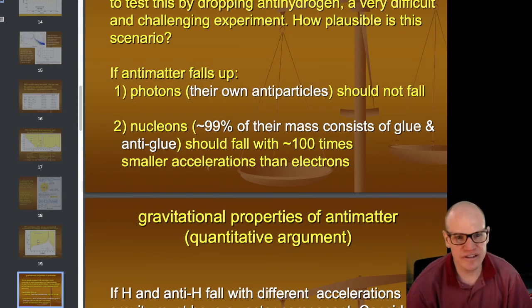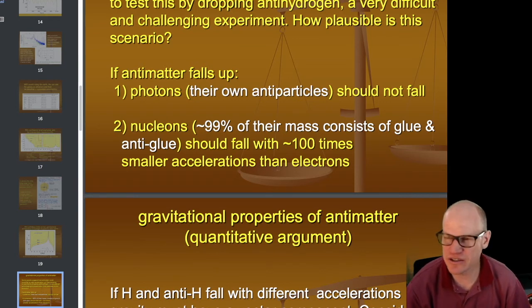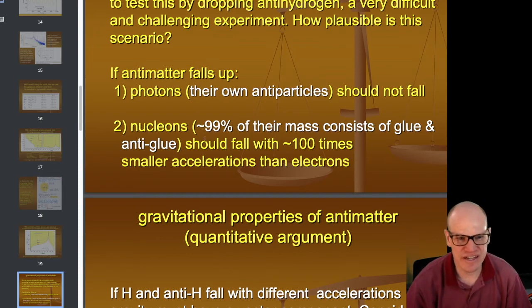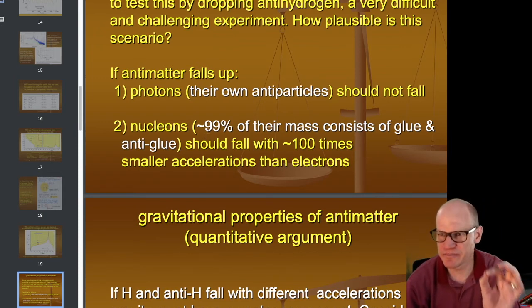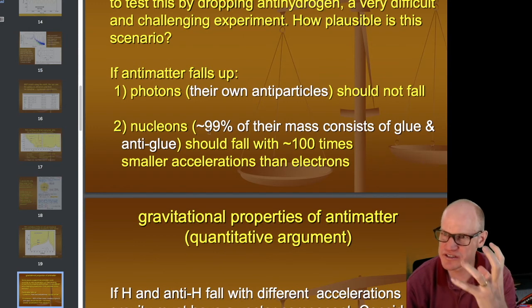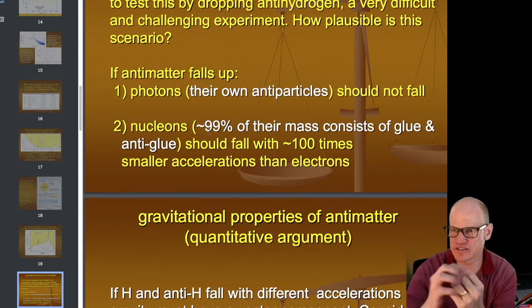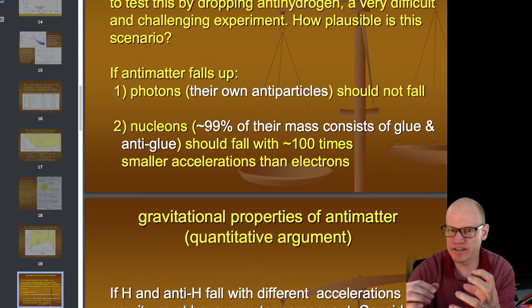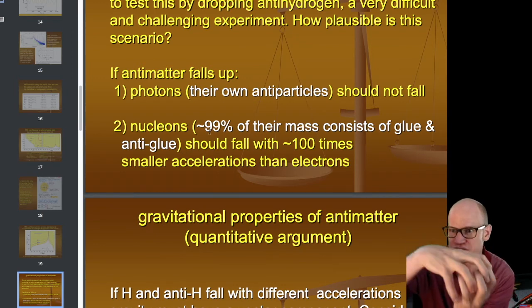And so the nucleon should fall with 100 times smaller acceleration than electrons if that antimatter goes upwards, right? So it's 99%. A tiny fraction of the mass is in the mass of the quarks. The rest of it is in the mass of the gluon field. The gluon field is gluon and anti-gluon combined, and therefore those two things should repel each other, right?